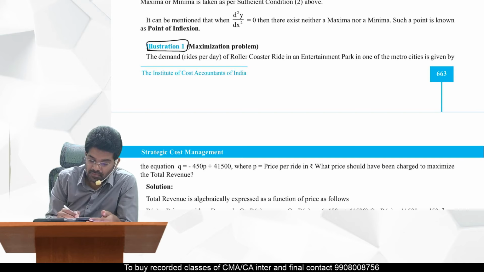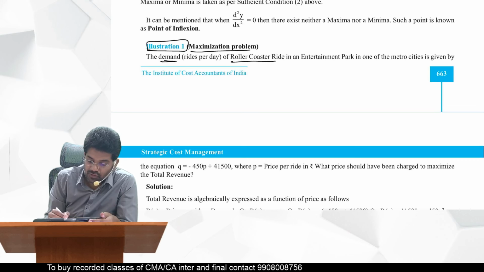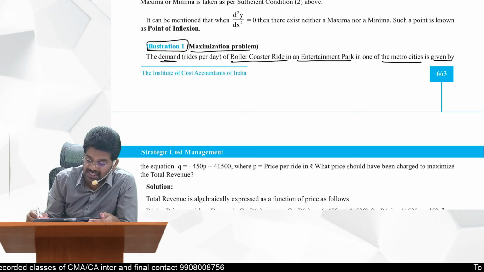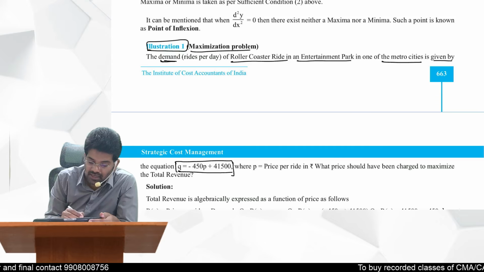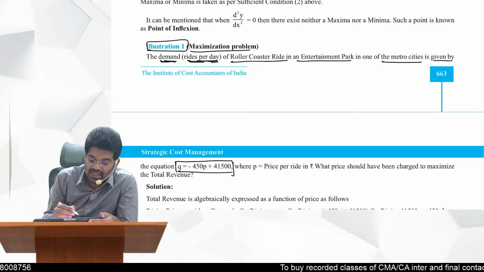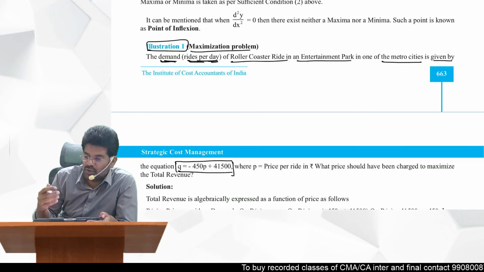Illustration number 1. The demand of roller coaster rides in an entertainment park in one of the metro cities is given by the equation Q is equal to. The demand, rides per day, right? How many rides per day they have given? It's like quantity for you.